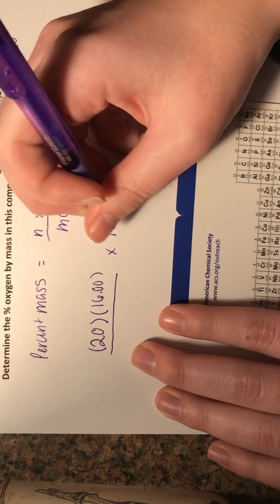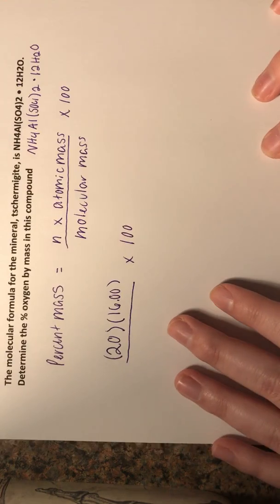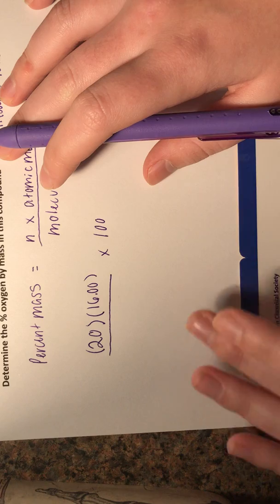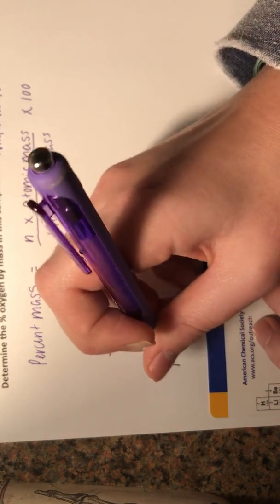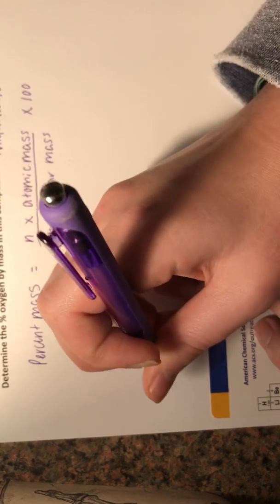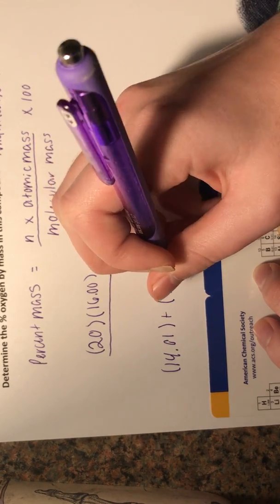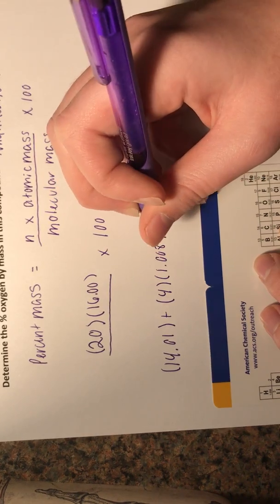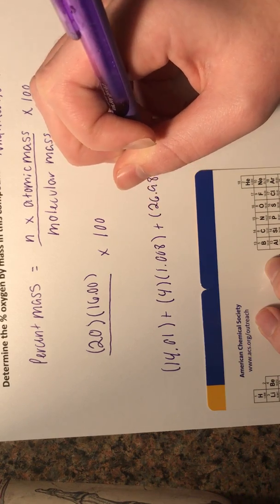So let's figure out the molecular mass, because this can be a little tricky, especially with all the numbers, but no worries. The atomic mass of nitrogen is 14.01. We're going to add that to 4 hydrogens, so 4 times 1.008, plus 1 aluminum, which is 26.98.